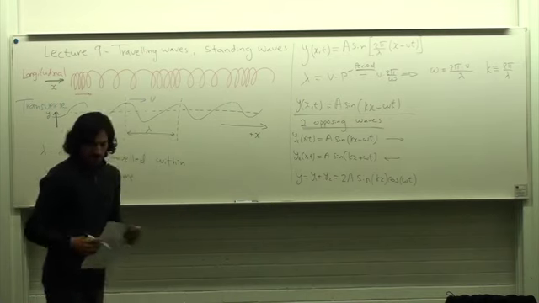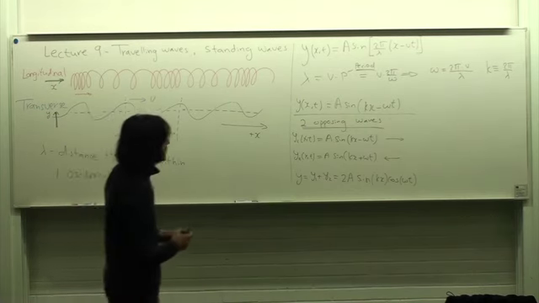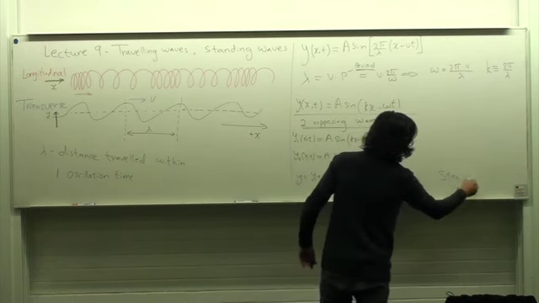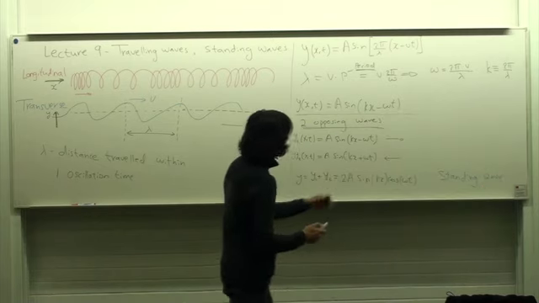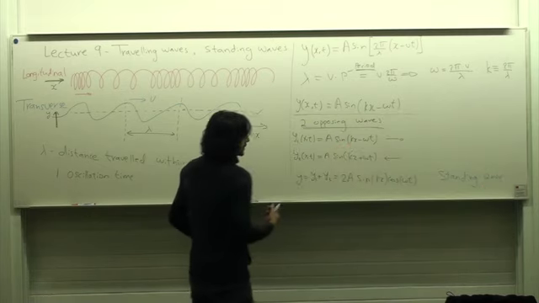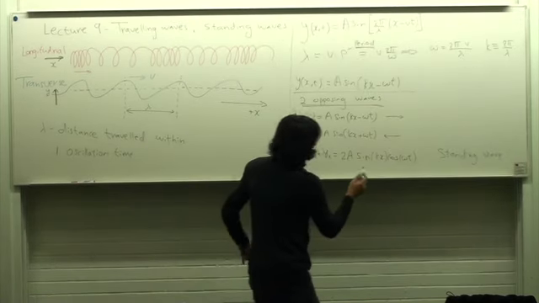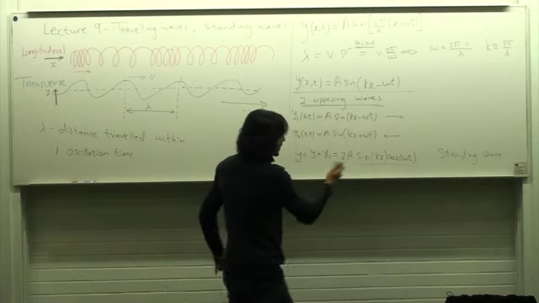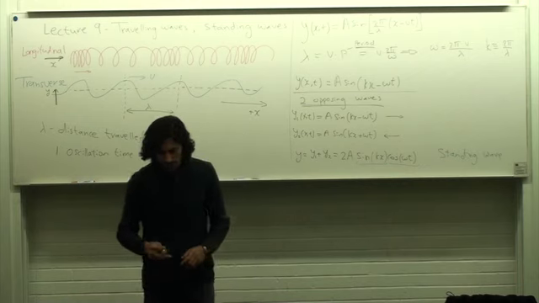Now note, what we get now is basically a standing wave. There is no longer this movement. This will be the spatial part, and this would be the temporal part.